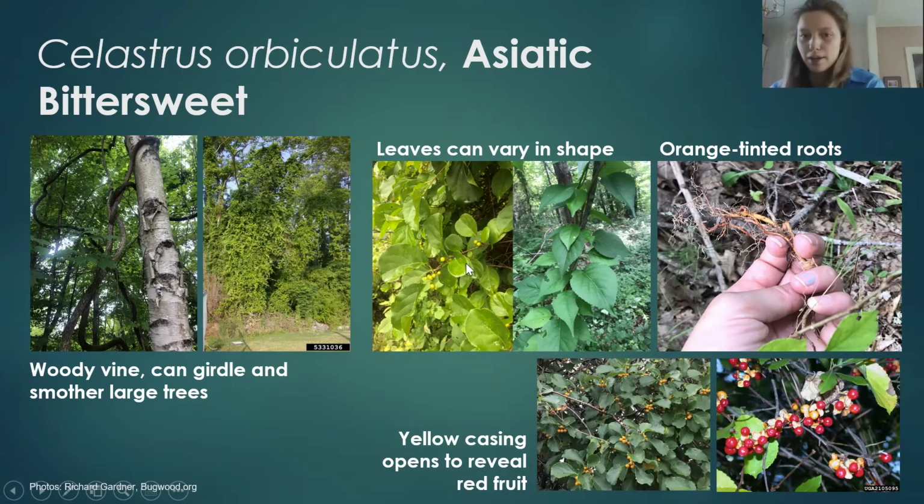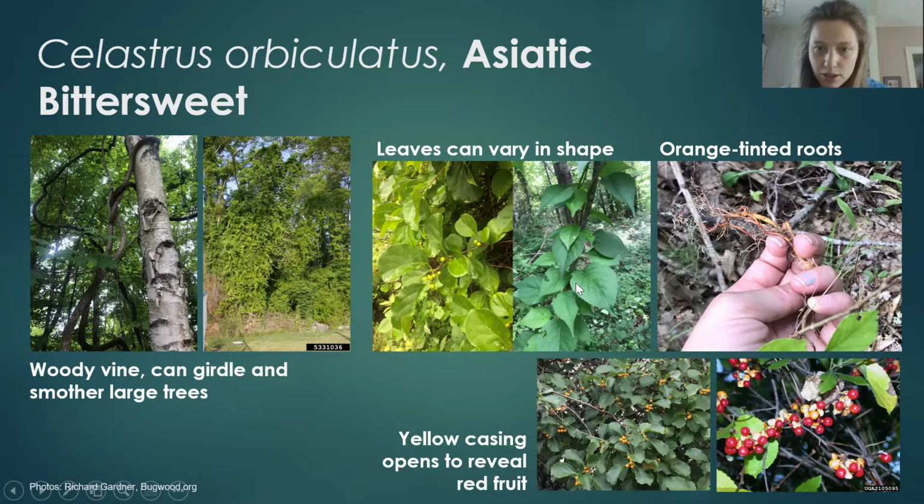Moving into leaf shape, this can sometimes be a little bit confusing for people first learning to identify Asiatic bittersweet because the leaf shape can vary a little bit. They can vary from being rounder to being a little bit more pointed, like these ones on the right. The color looks different in these photos, but that's actually more to do with just the lighting.